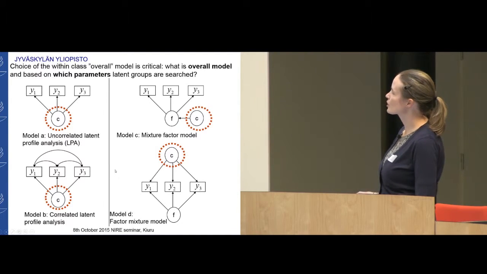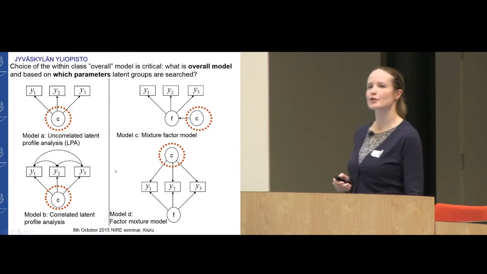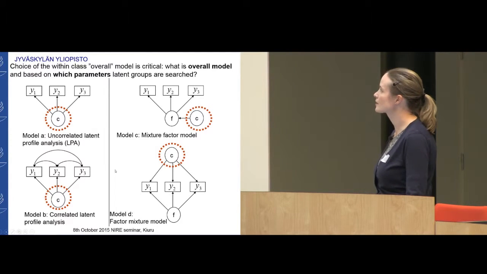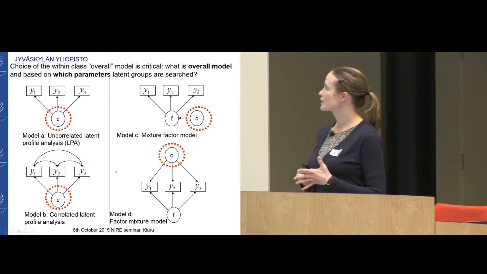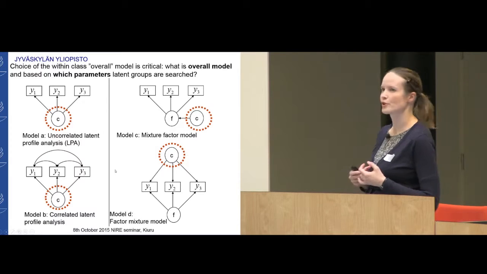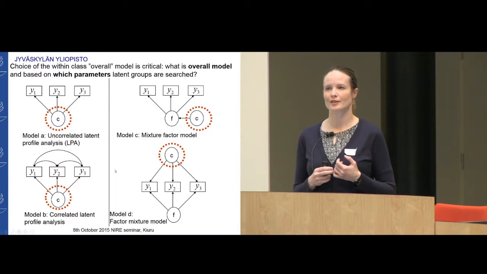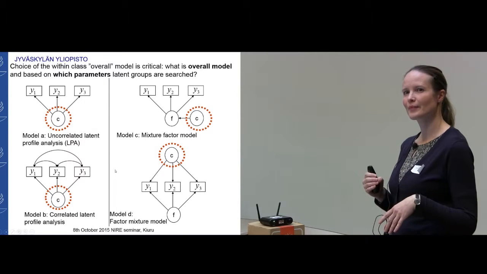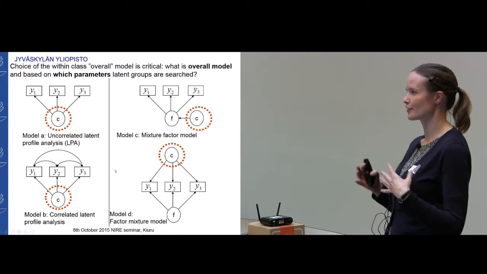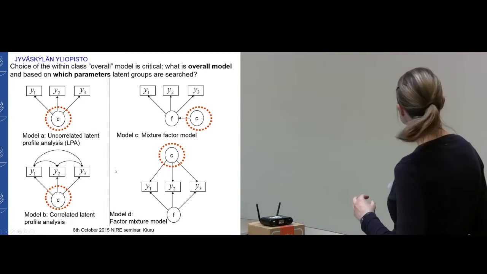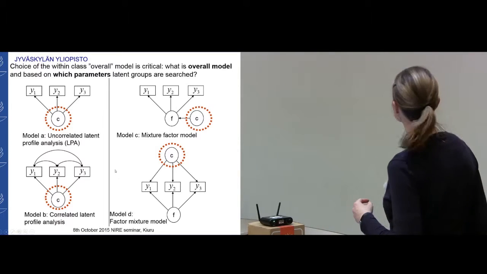But it's possible to relax this assumption. There might still be some associations between Y variables after accounting for the latent categorical variable c. If you don't take this variability into account, it's possible that you, for example, get too many classes according to fit indices. So it can signal, if it's very difficult to end up with a solution, that there might be something wrong in your initial model.